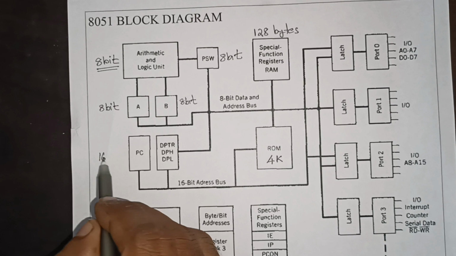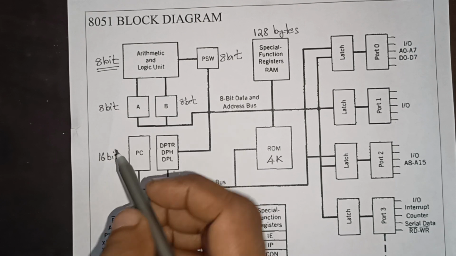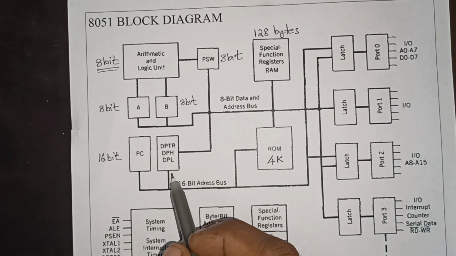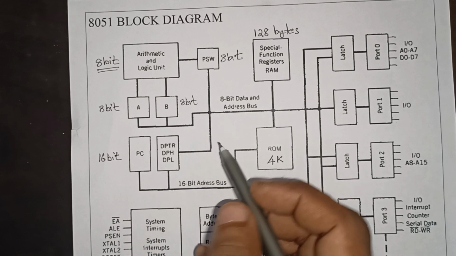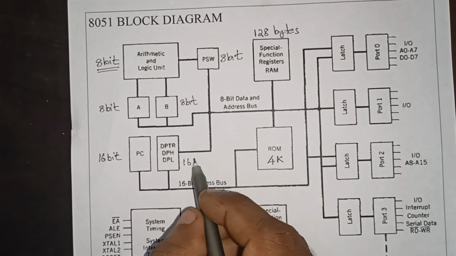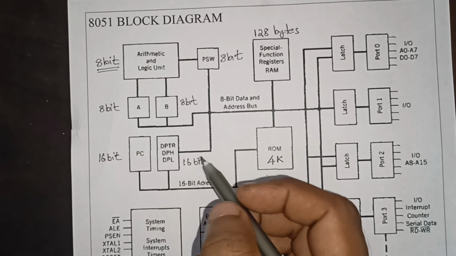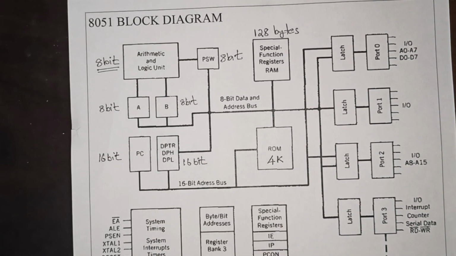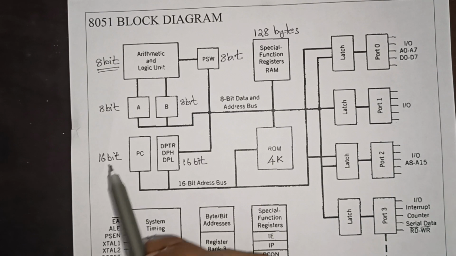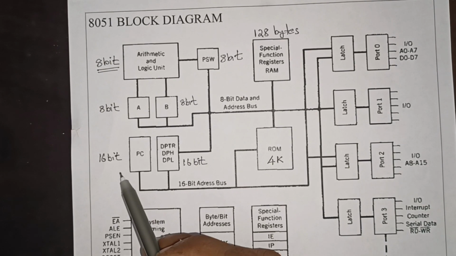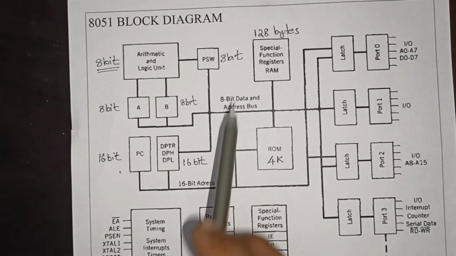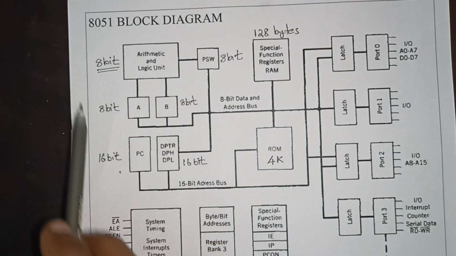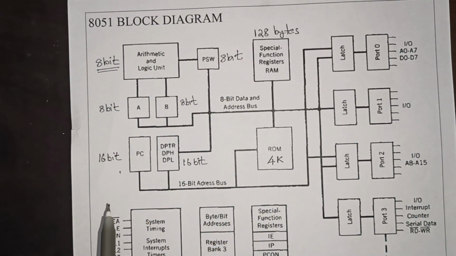This program counter is 16-bit. Okay. Then we have DPTR, or it's called data pointer, which is again 16-bit. It is also used to store address. Why this is 16-bit we will see later. Okay, so these are the stuffs related to our CPU.